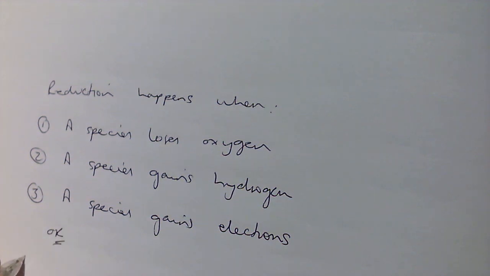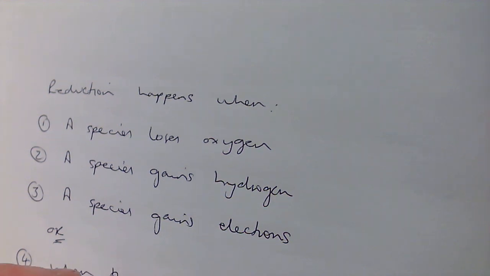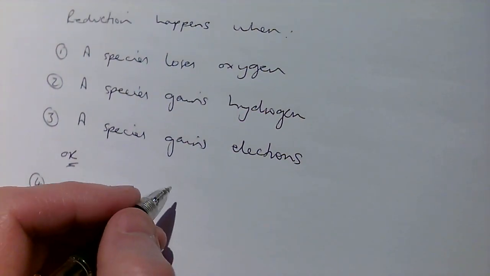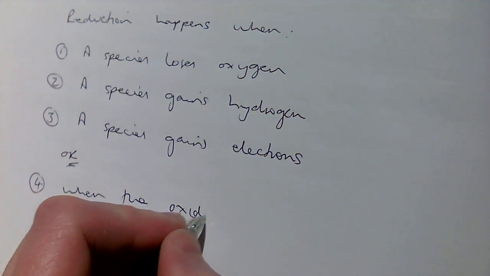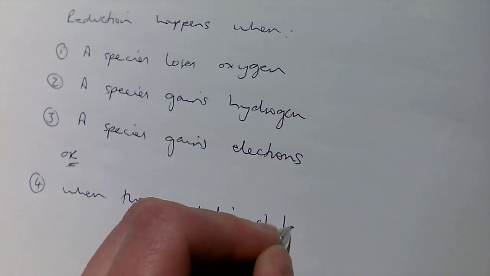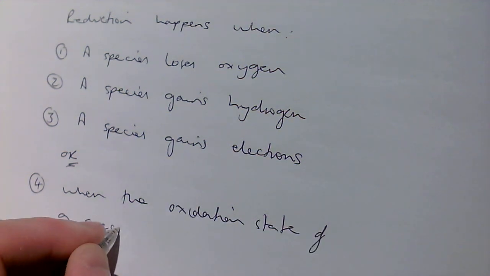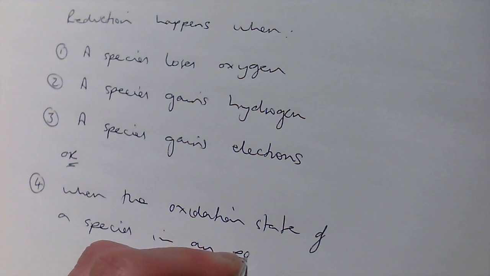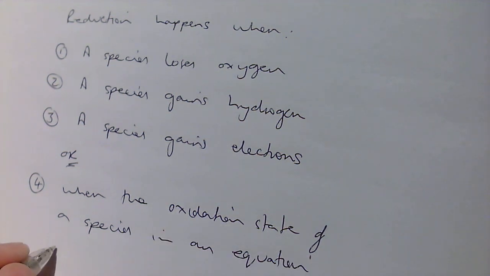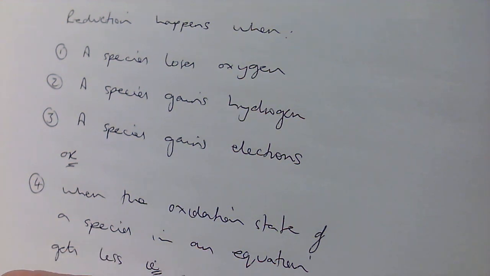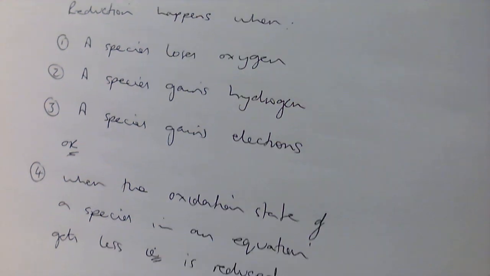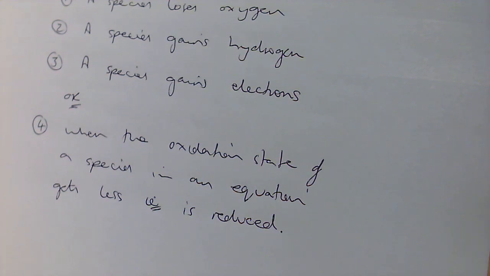Or number four, when the oxidation state of a species in an equation gets less, i.e. is reduced.